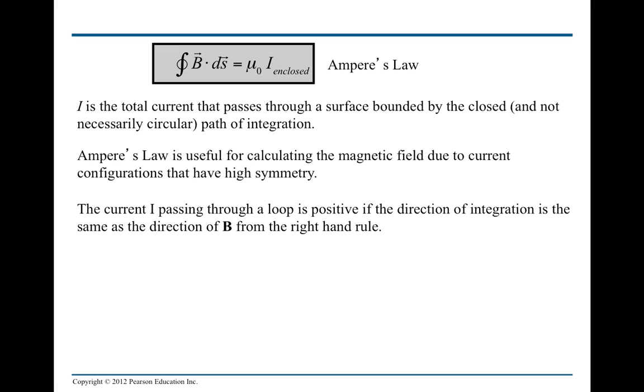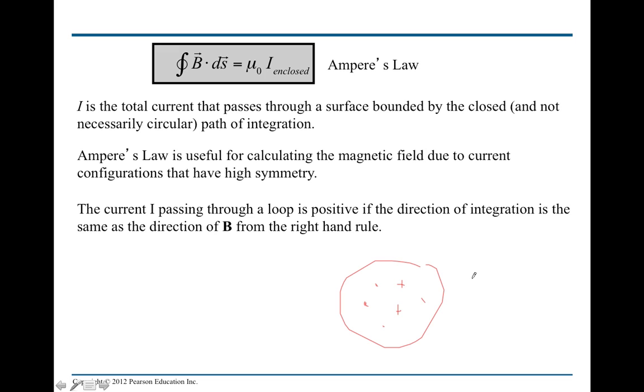Okay, so I is the total current that passes through the surface bounded by the closed loop. So if you have something like this, and then you have three currents. One of them is positive in, one of them is out, one of them is in, one of them is out. Let's say each one of them is 1, so it will be 1, 2, 3, 4, which is out.